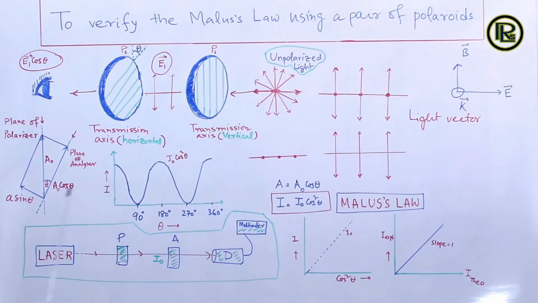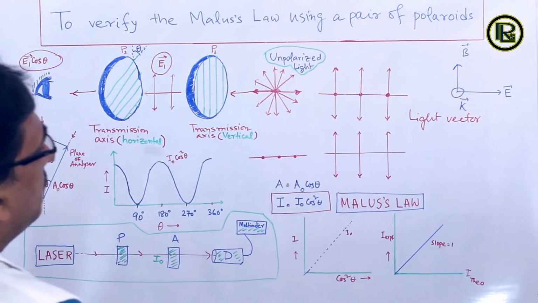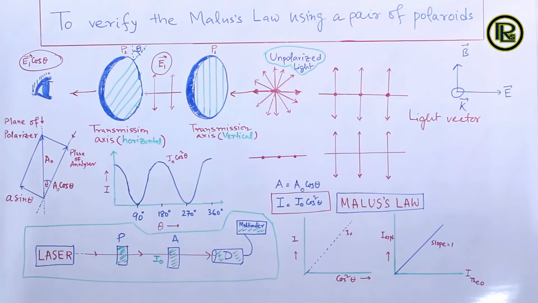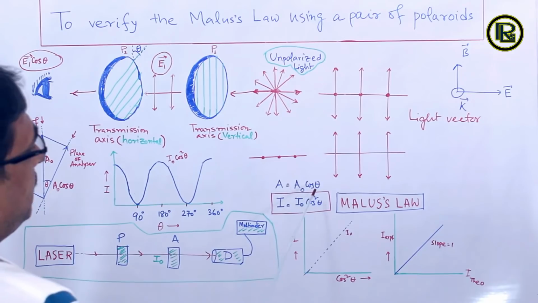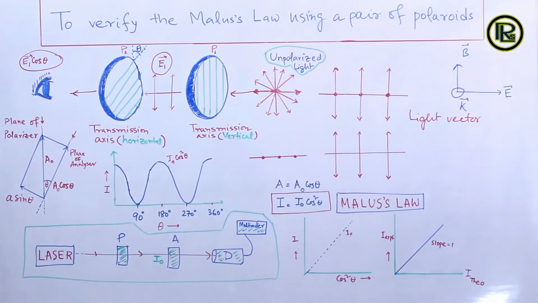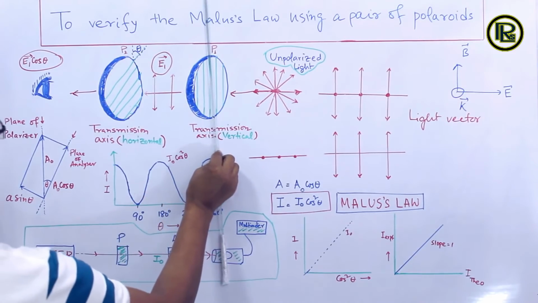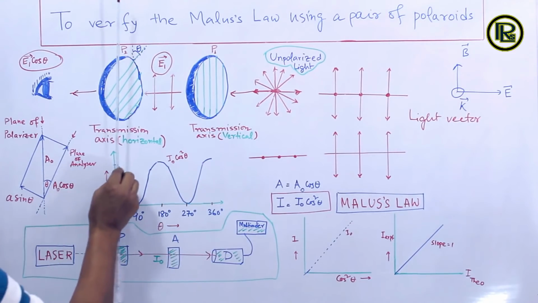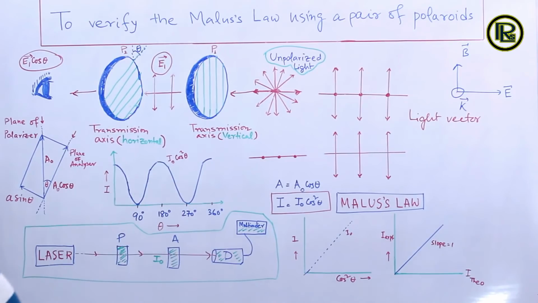And from this equation, what we find is, if theta is equal to 0, that means this axis and the optic axis of this become parallel.